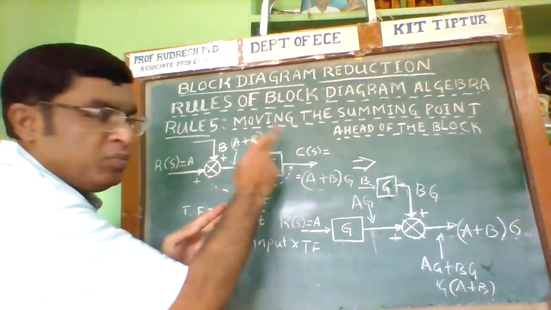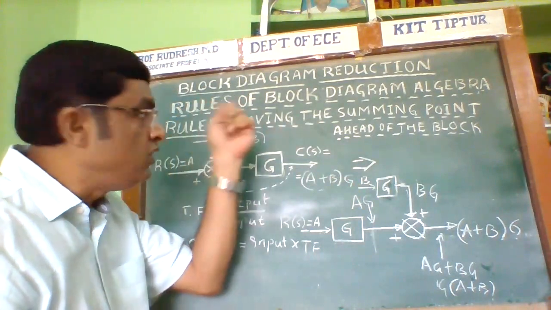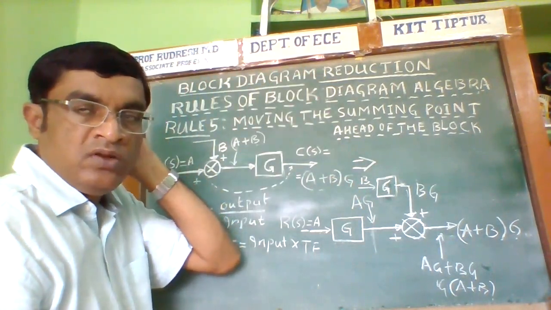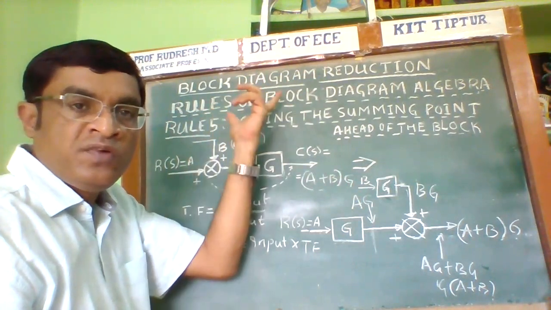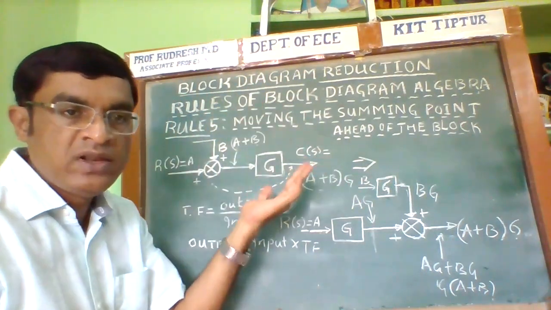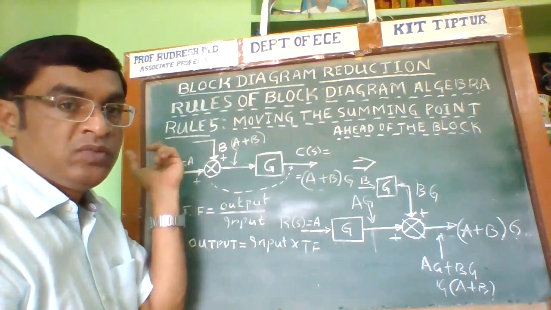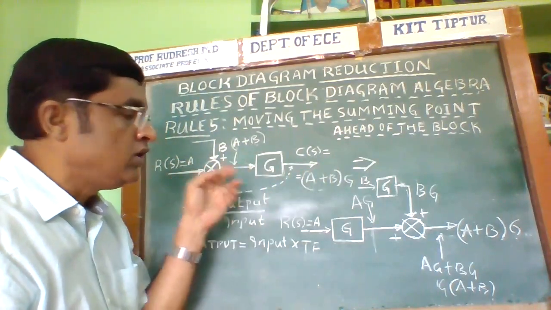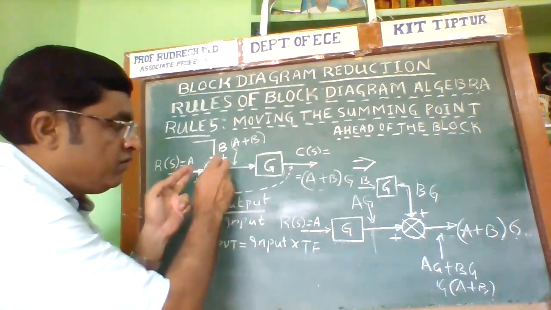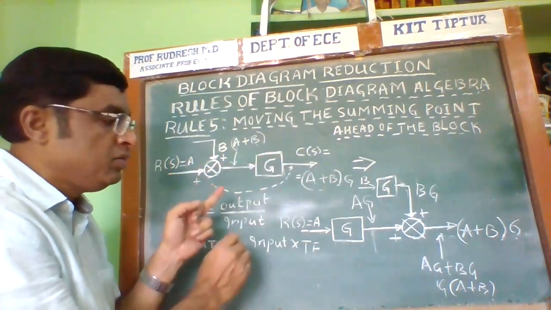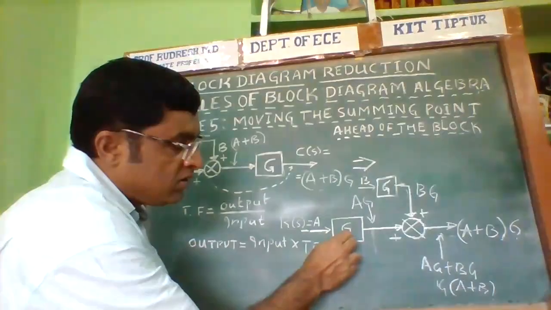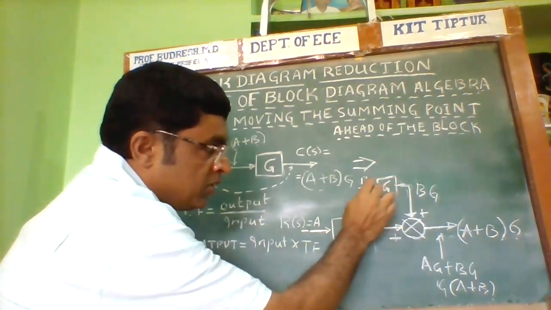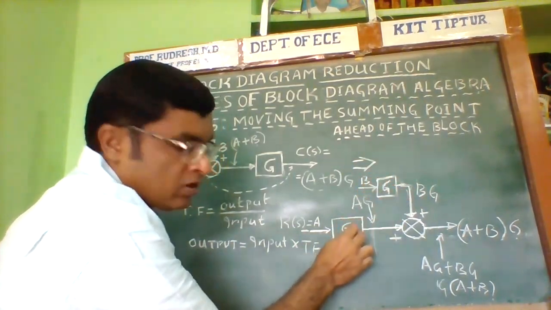When I move the summing point in the block diagram while reducing it to find the overall gain of the system by using the rules of block diagram algebra, if I want to move the summing point after the block, I should remember that whatever branch is moving, that branch gets multiplied with this transfer function.